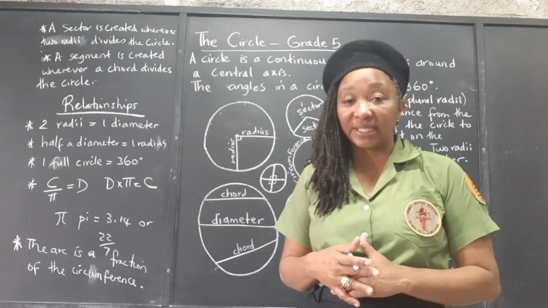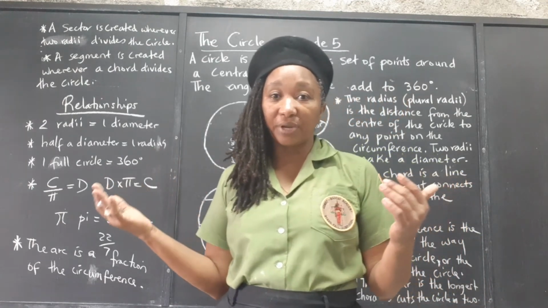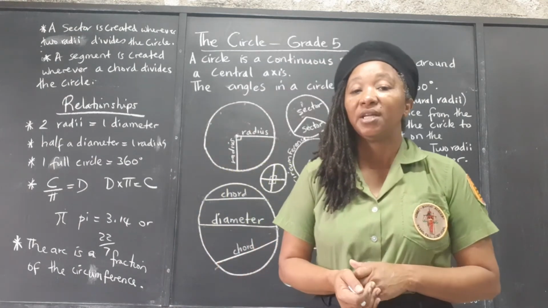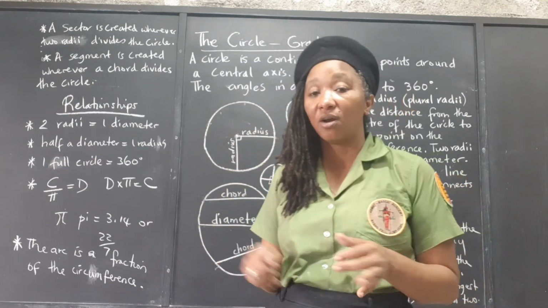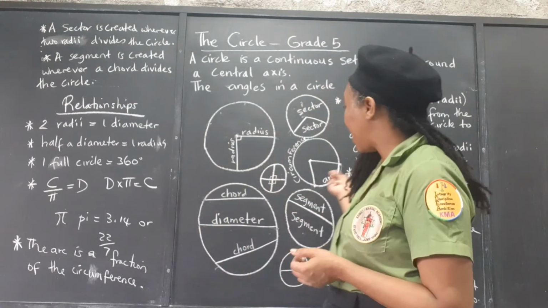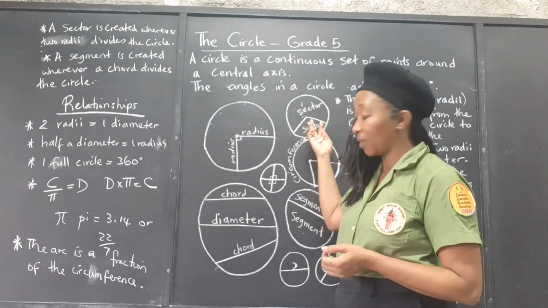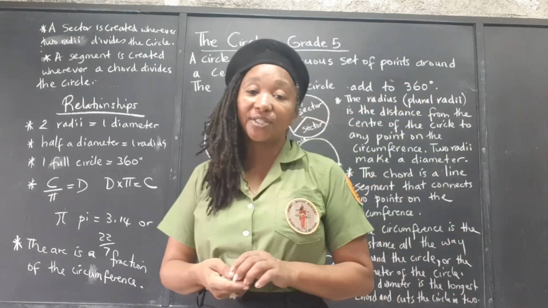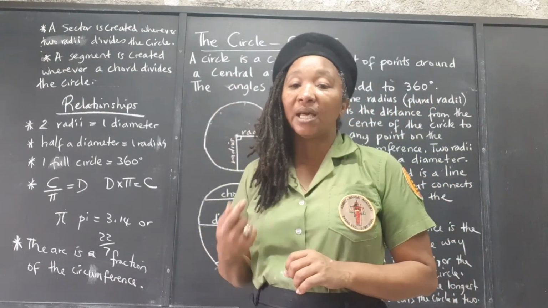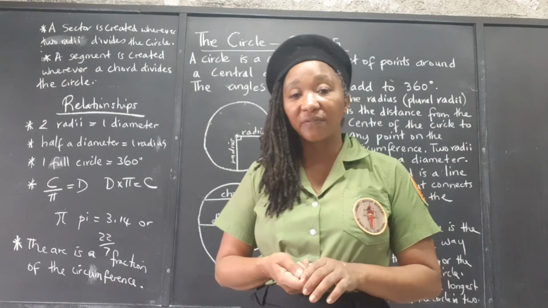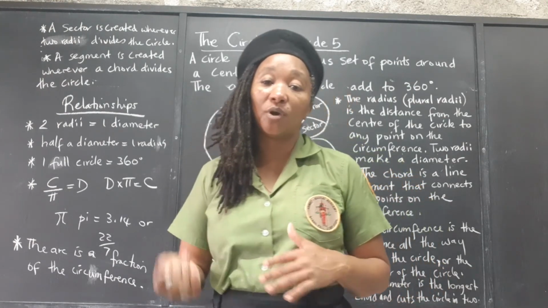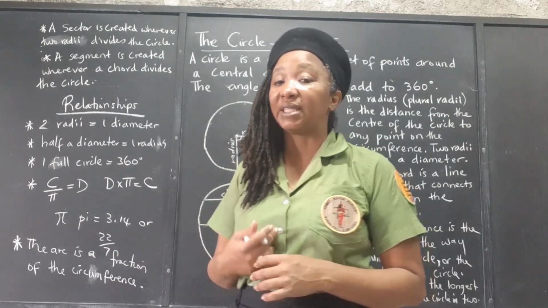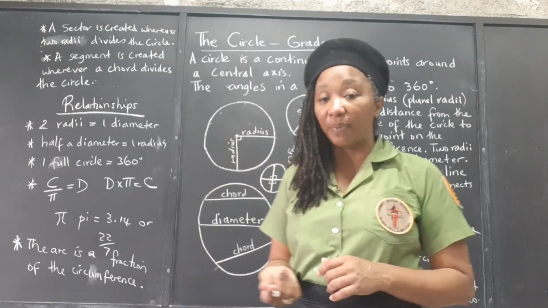So we would express it in degrees as a fraction of the 360 degrees. We'd use that relationship whether we want to find the arc or the circumference or the area of the sector or the area of the segment, that kind of thing, right? So these special relationships between the different parts of the circle enable us to do our calculations to find any of the missing parts, given information about the other parts.